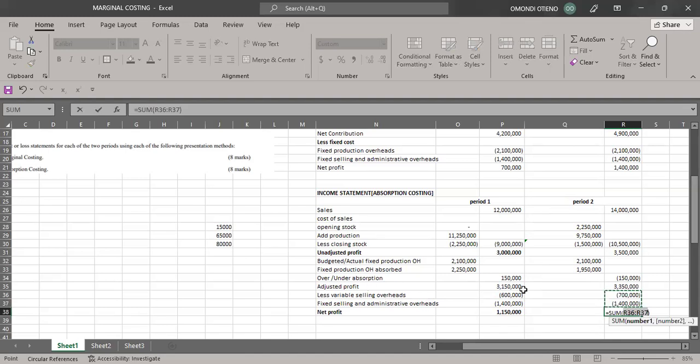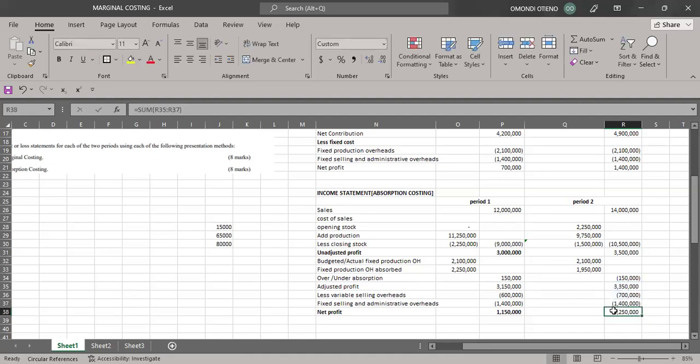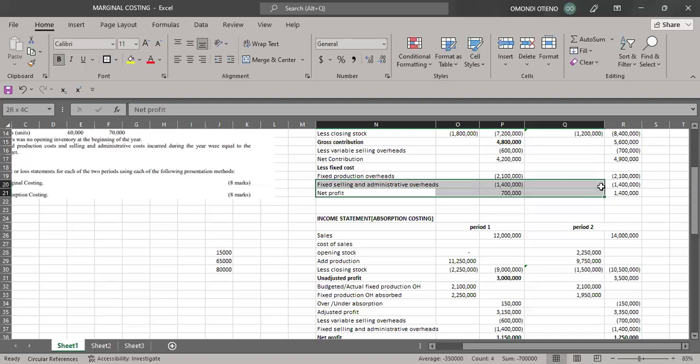So adjusted profit minus these expenses will give us net profit as per absorption costing for period 2.